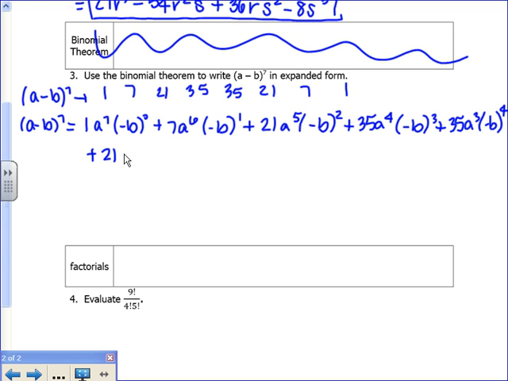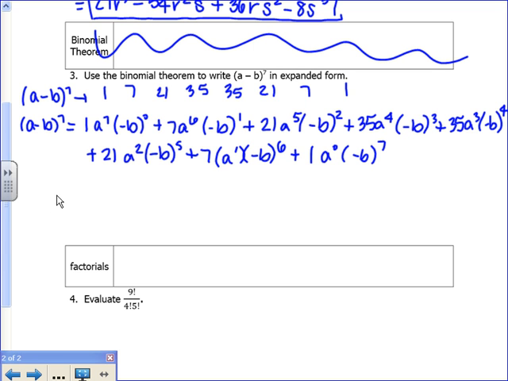Biggest thing to remember. 21, a to the 2nd, negative b to the 5th, plus 7, a to the 1st, negative b to the 6th, plus last one, 1, a to the 0, negative b to the 7th.